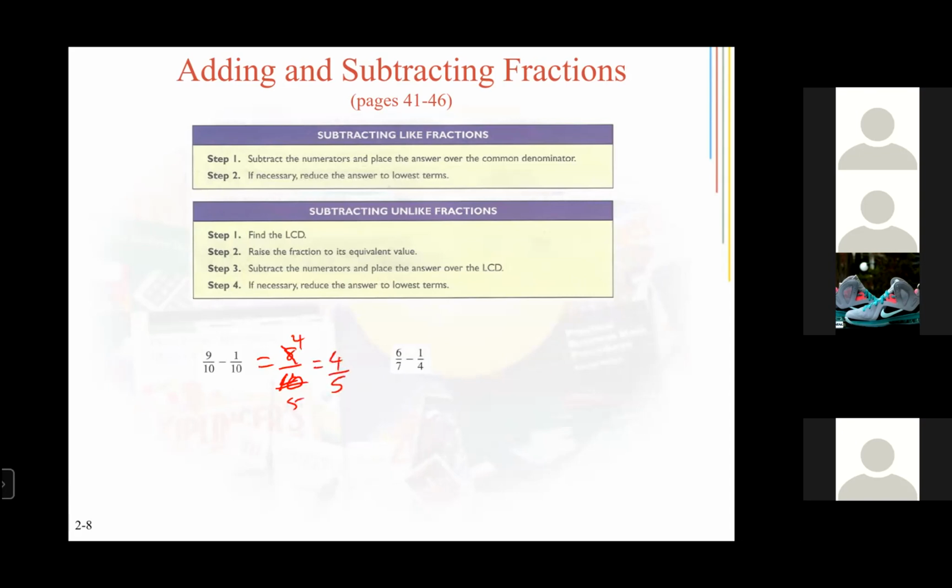Now look at the next one. Can you subtract? No, sir. What you need to do is find a common denominator for those. Now you can't use the 7 because the 4 won't divide the 7, so you need to find a common denominator. What could we use as a common denominator for this one? 28. Okay.